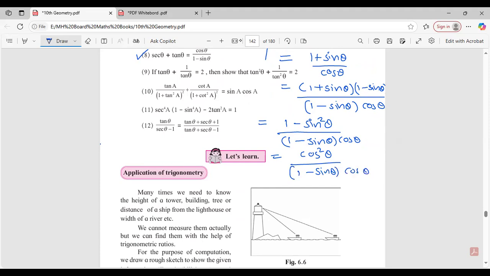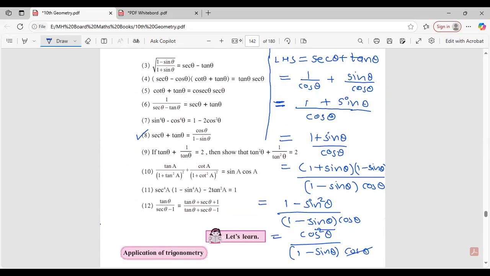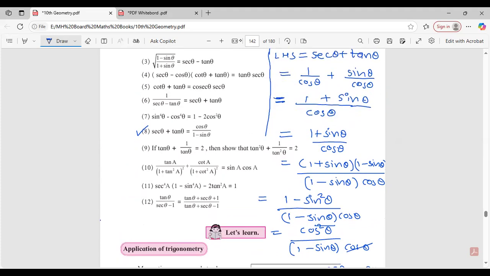So cancel out this cos theta with the square, and hence you got cos theta divided by 1 minus sin theta, which is exactly the RHS. Okay. Have you understood now? Yes.